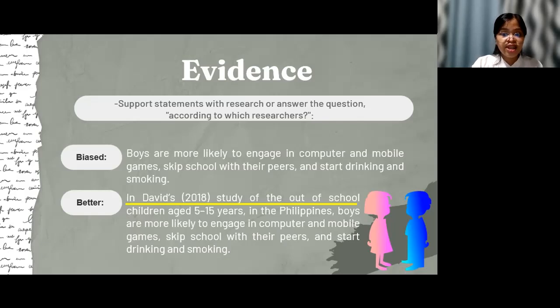And he is not pertaining to all of you boys here. As you can see, children aged 5 to 15 years, and boys out of school, meaning they are perhaps dropouts or those kids who are not going to school. So you're not included here. You don't need to feel mad or sad about the statement. All right. So remember, we have to put who said that.